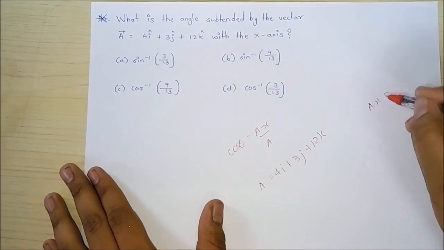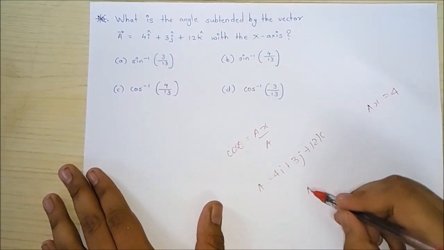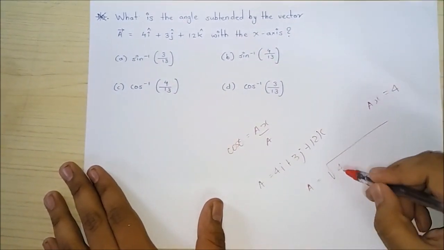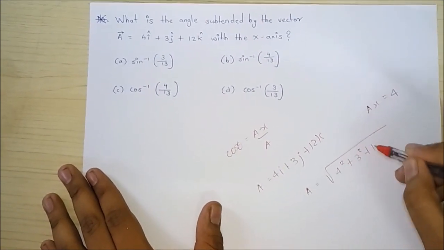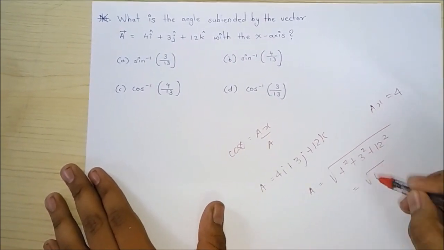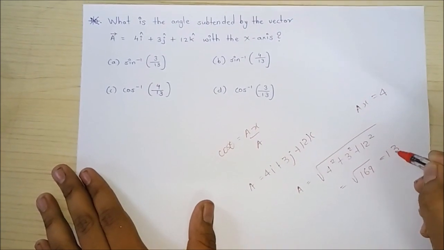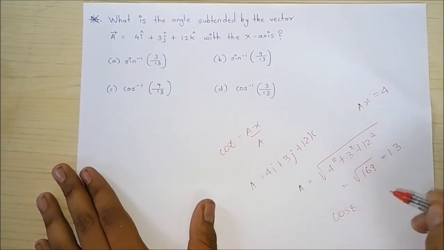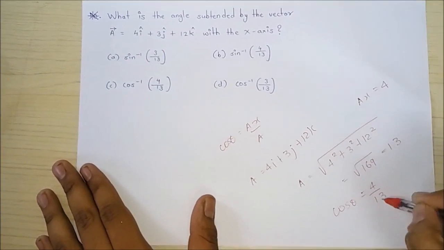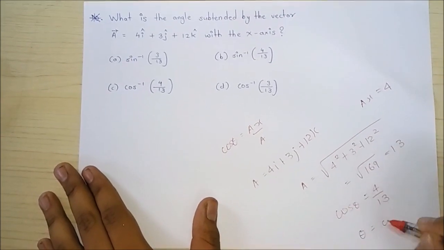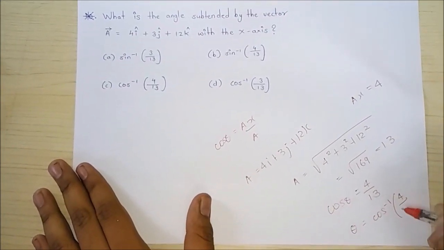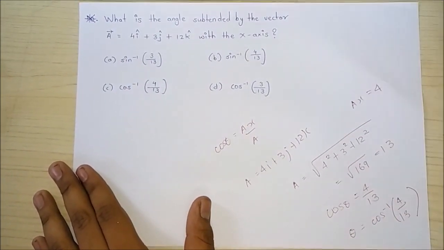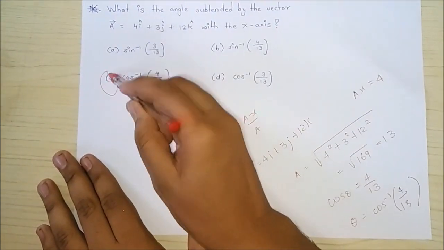So ax is equal to 4. So mod of A is equal to square root of 4 square plus 3 square plus 12 square, which is equal to square root of 169, which is equal to 13. So cos theta is equal to 4 upon 13. The value of theta is equal to cos inverse of 4 upon 13. So option C is the correct answer.